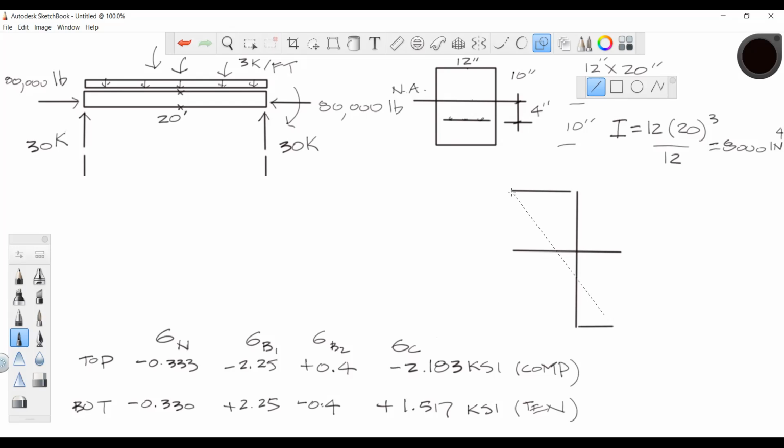So this is compression, 2.183. This is tension at 1.517. You can see this is the neutral axis.